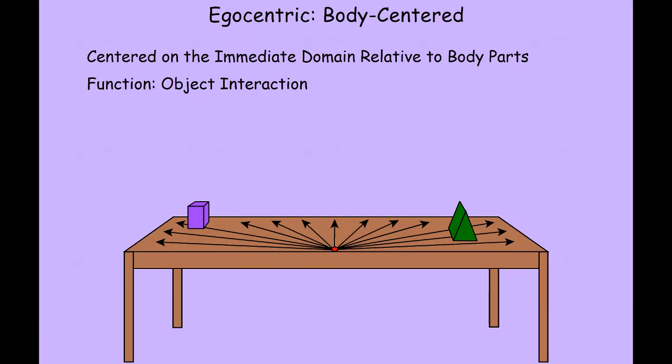So we can sort of think of our egocentric body-centered representation as a spatial mapping that starts from our body at the center, and that allows us to place objects relative to our body and incorporate into it the position of part and orientations of parts of our body for the purposes of interacting with those objects in that immediate short-term resolution.